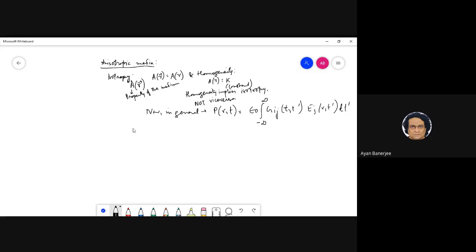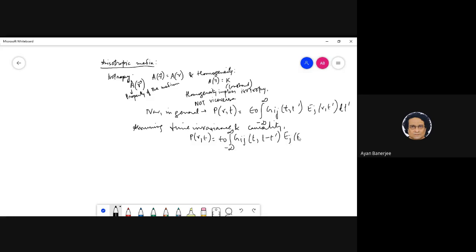And we also know that, assuming time invariance and causality, t dash has to be before t, right? So this is the correct statement, and this is where we start from.